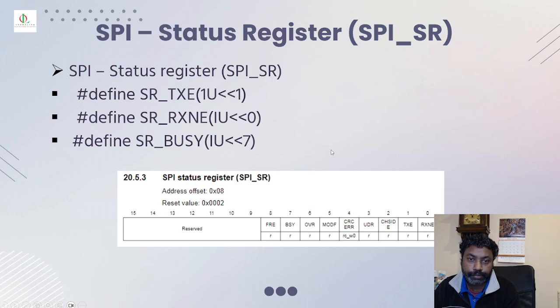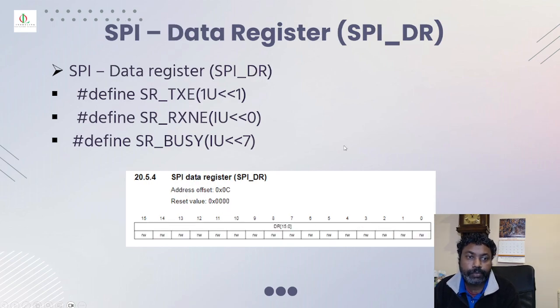So these 3 are used to check the status. And then the data register, that's where the data gets read from.